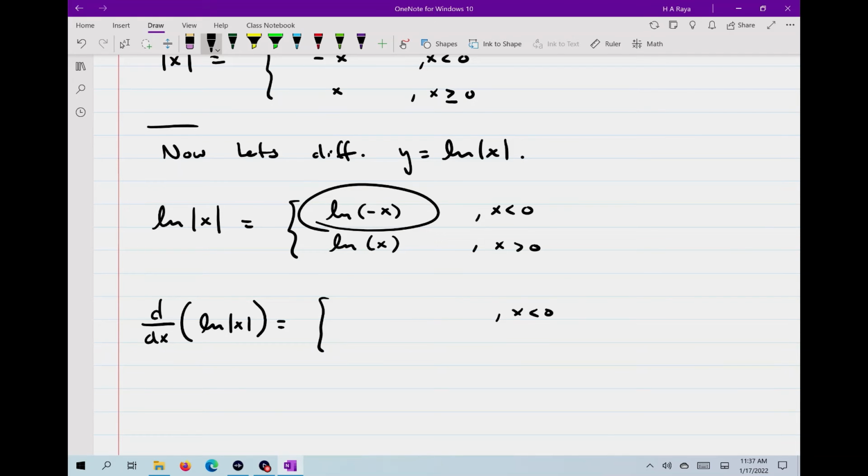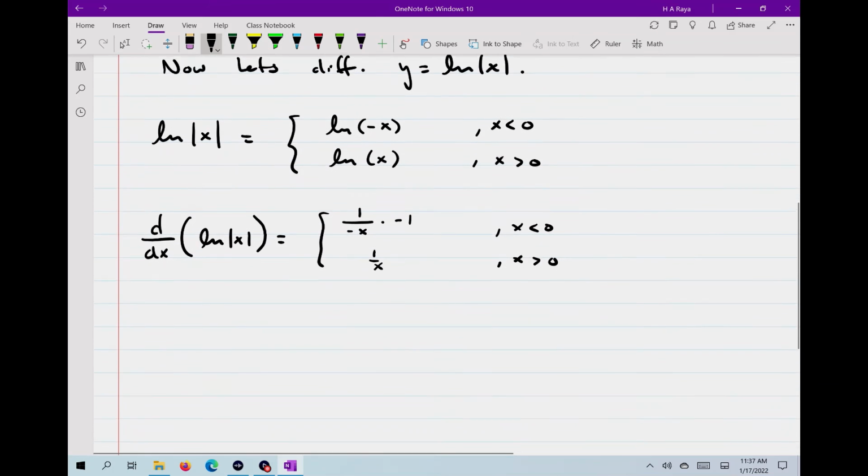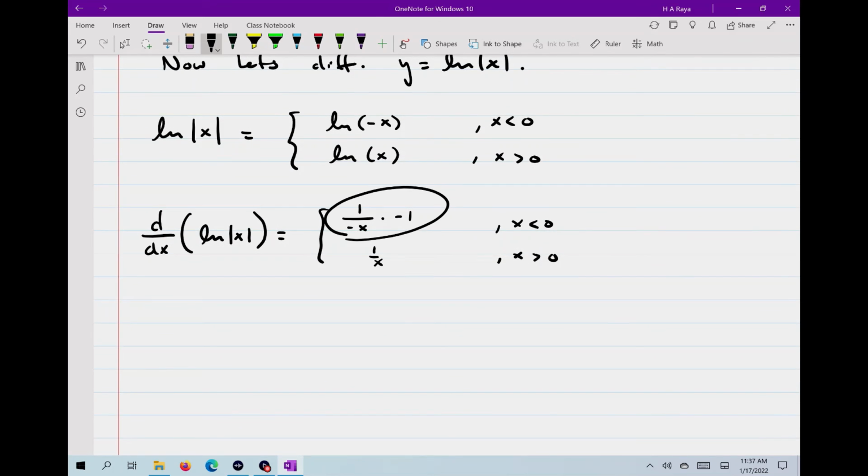The derivative of the natural log of negative x would simply be 1 over negative x times negative 1, using the chain rule. And when your x's are positive, the derivative of the natural log of x would simply be 1 over x.